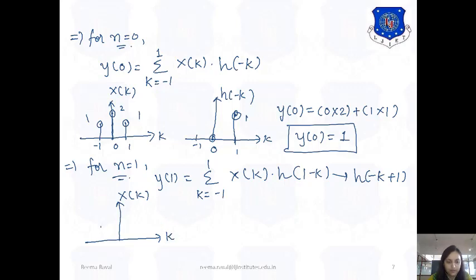That is 1, 2, 1, for the instant minus 1, 0 and 1, and now we will plot h of minus k plus 1.